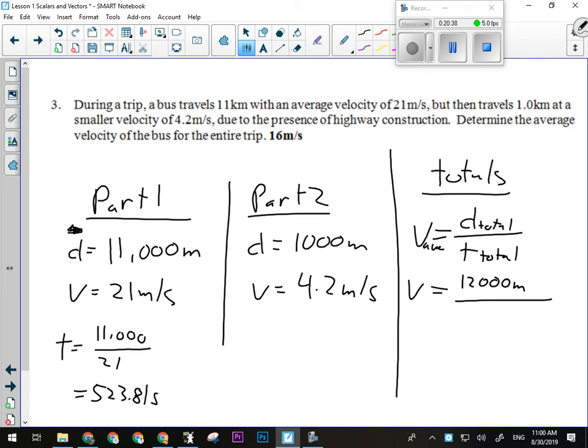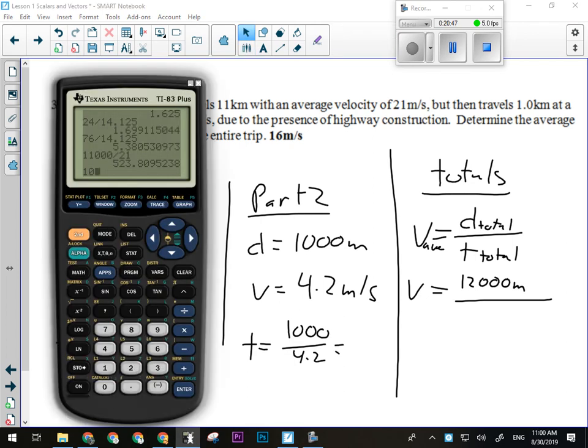Okay, and then for this part here, the total time will be 1,000 divided by 4.2. 238.10 seconds.